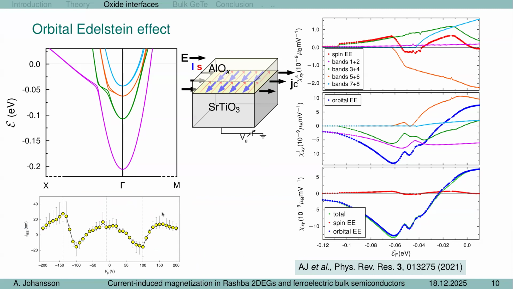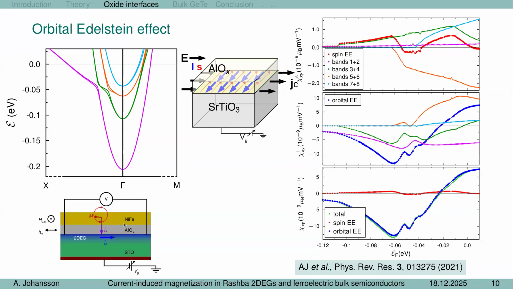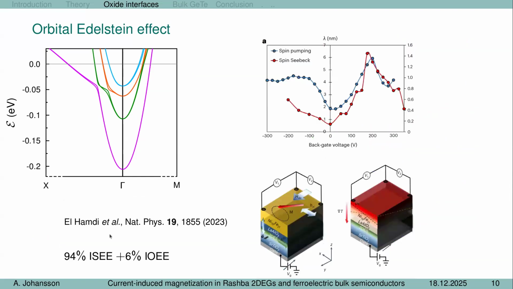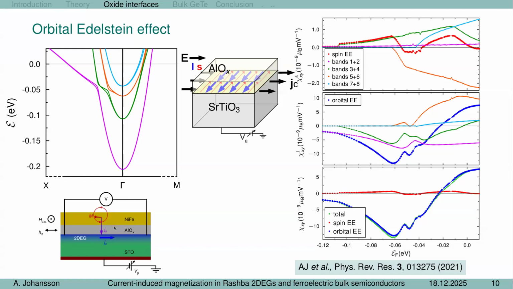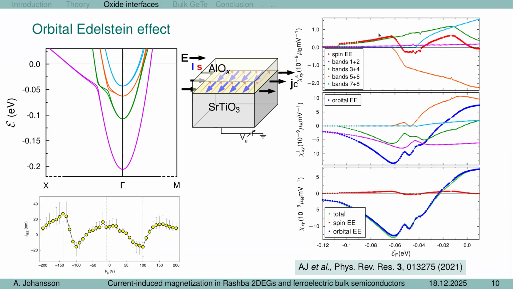So let's look at the experiment again. In the experiment, they do spin pumping, which means they have a ferromagnet and they inject a spin current from the ferromagnet into this interface. And therefore, we think what they observe is really the inverse spin Edelstein effect, which happens here at the interface, and this inverse spin Edelstein effect then needs to be compared to the direct spin Edelstein effect.